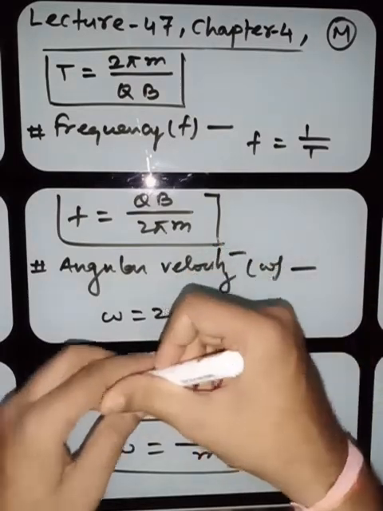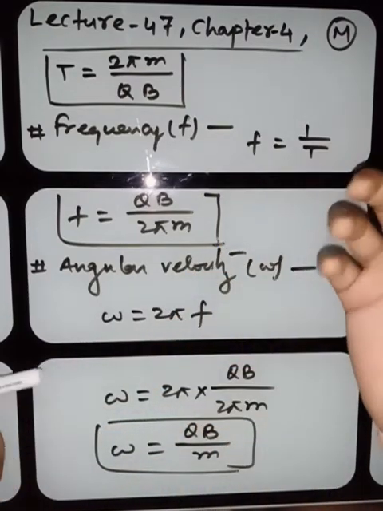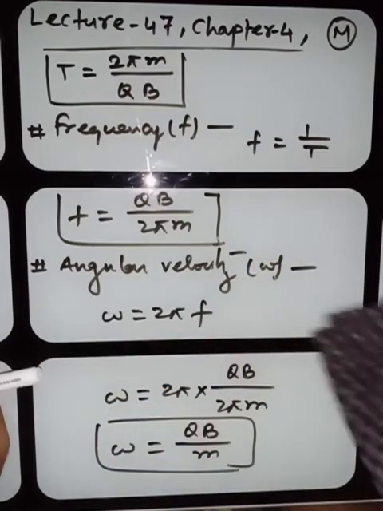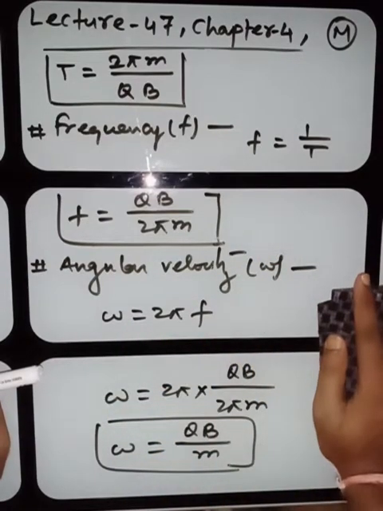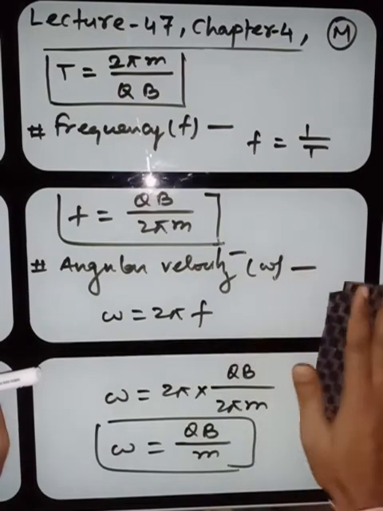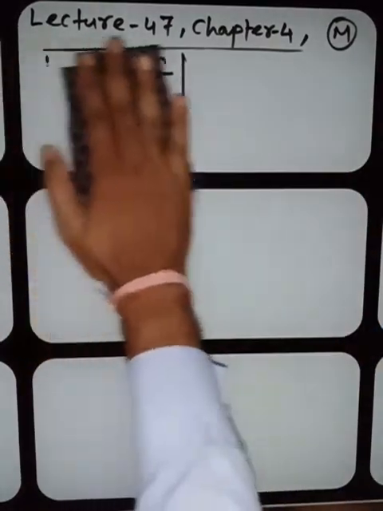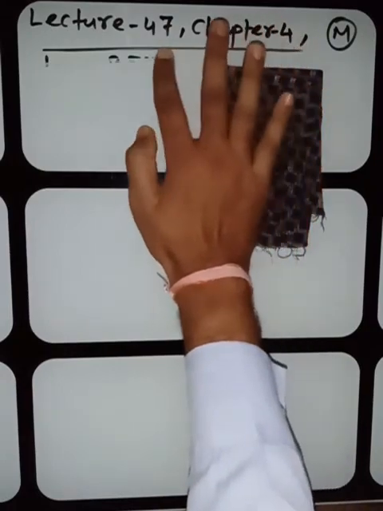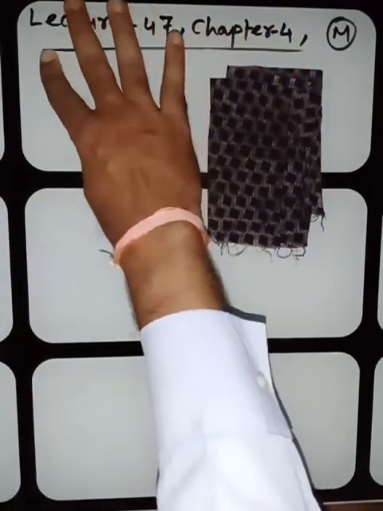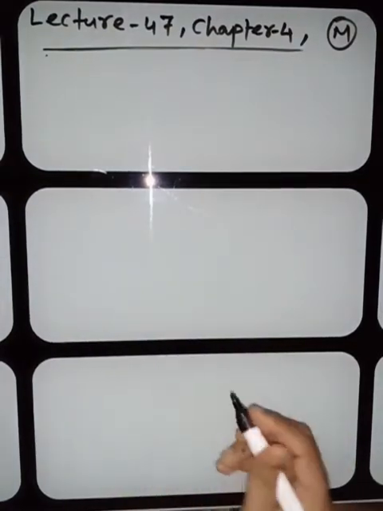Now let me do a very simple question to find the force on a charged particle. In this chapter, you will get much interest in solving numerical questions after the Biot-Savart law.